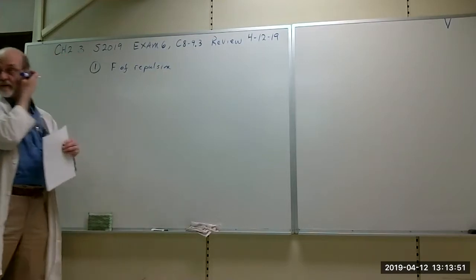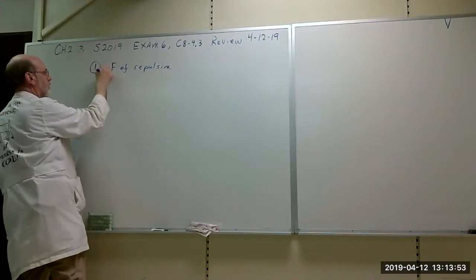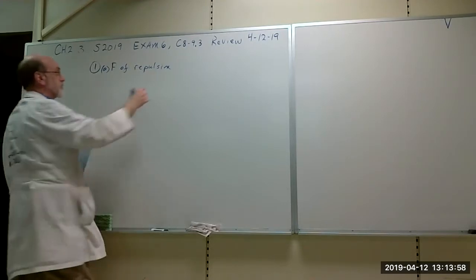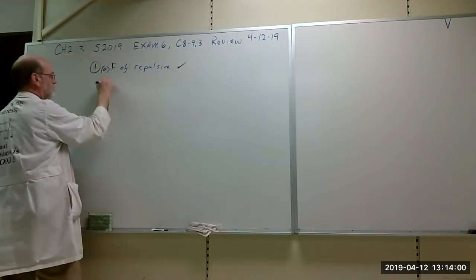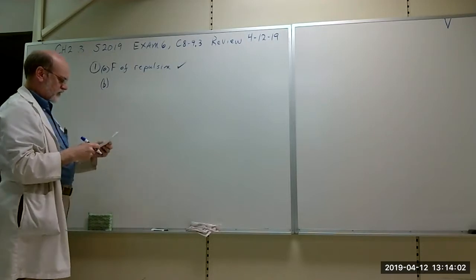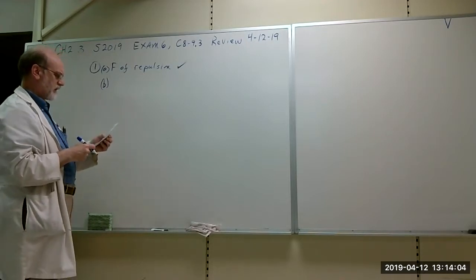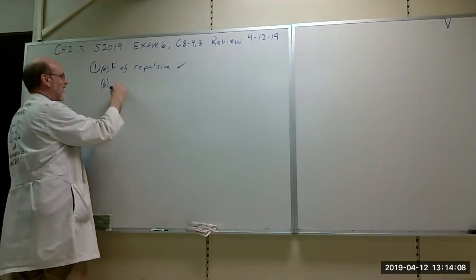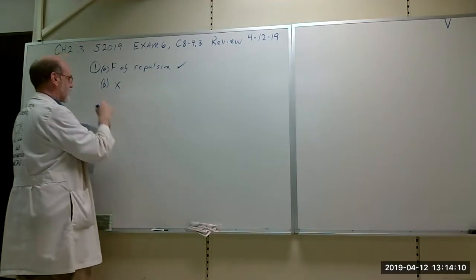Is that true? Yeah, they're identical charges, so that one's true. B says force of repulsion if the charges are negative, one of attraction if they're positive. No, that's kind of crazy.